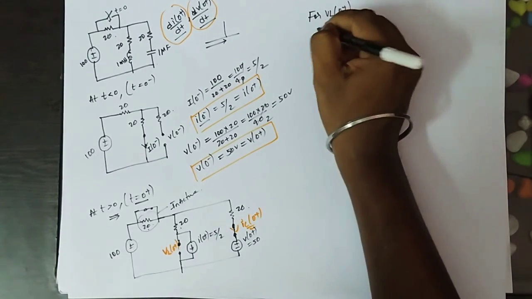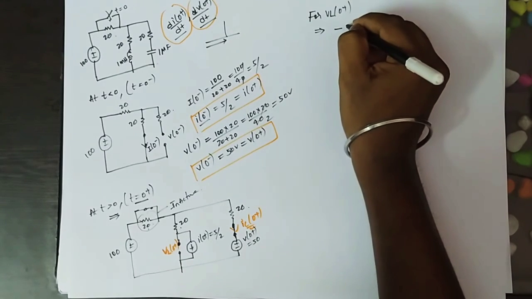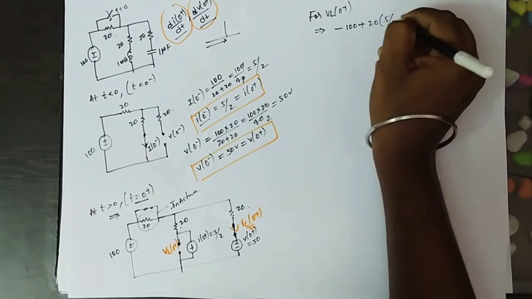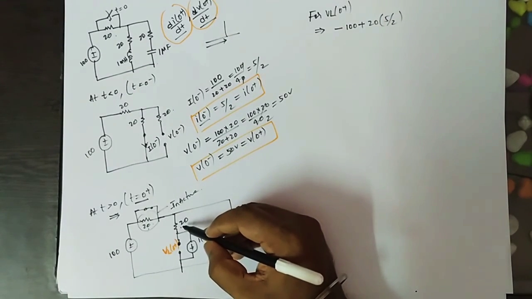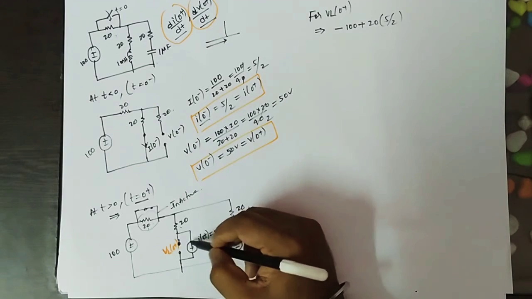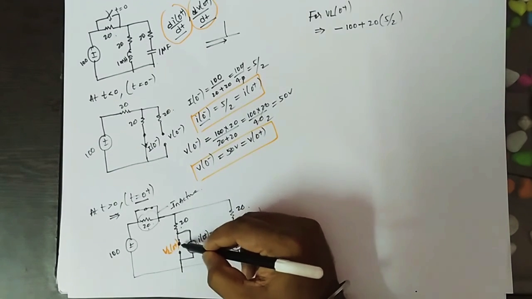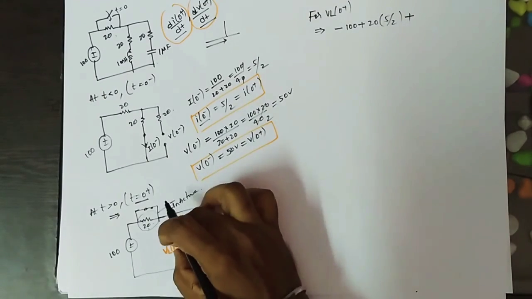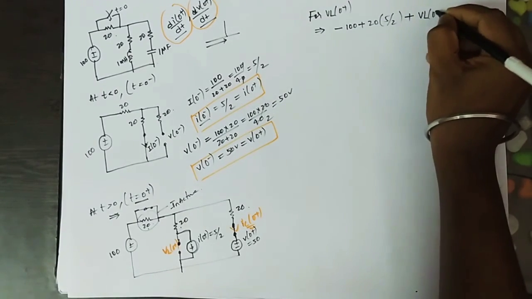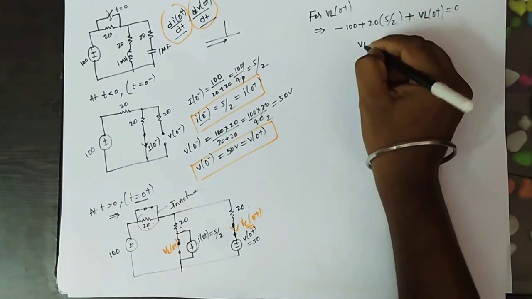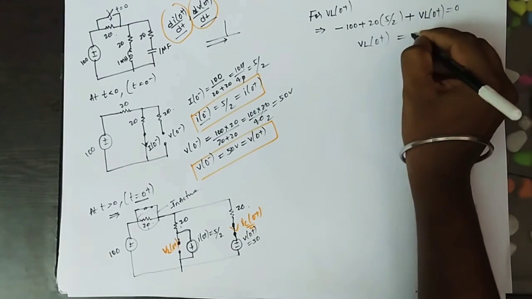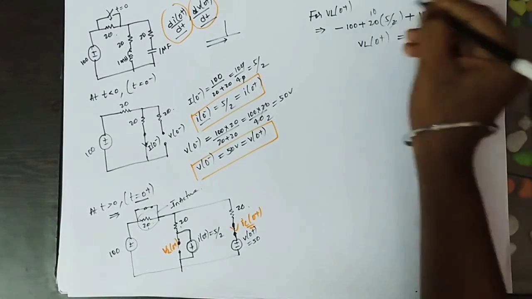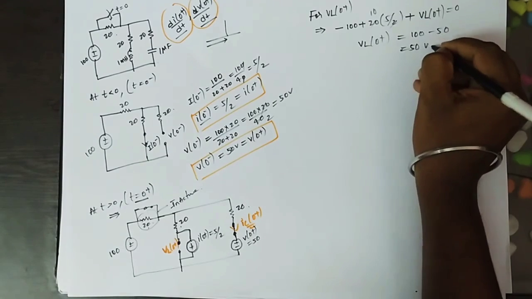Now for VL of 0 plus, I can write the loop equation: 100 minus 20 into 5 by 2. Through the 20 ohms a 5 by 2 current flows, since the inductor branch is open and 5 by 2 current is flowing, minus the voltage VL of 0 plus equals 0. So VL of 0 plus equals 100 minus 50, which is equal to 50 volts.